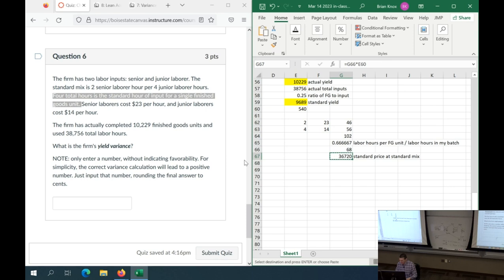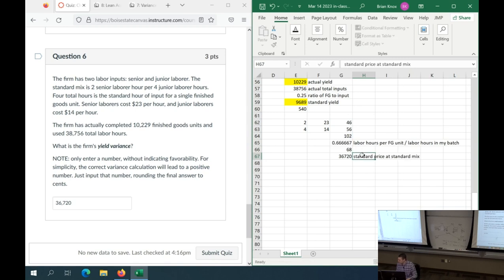All right, that should be our answer here. Let's see if that works. So what I did is I figured out what was inside the parentheses. The problem gave me actual yield. I calculated standard yield by saying, well, given this number of total inputs, labor hours, and the fact that we should have 4 labor hours per finished goods unit, we should have produced 9,689 standard yield. So that's the difference inside the parentheses. And we're going to multiply that difference by standard price at the standard mix.